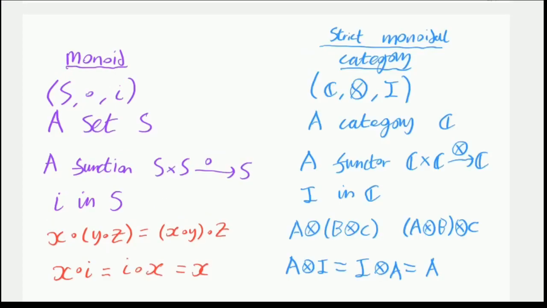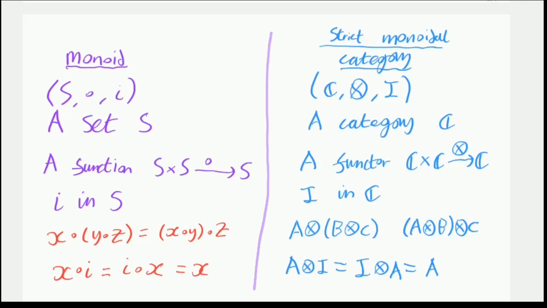Now, in order to really understand what a monad is from a high level, we want to generalize the idea of a monoid in a certain direction. In particular, we want to categorify the idea of a monoid.